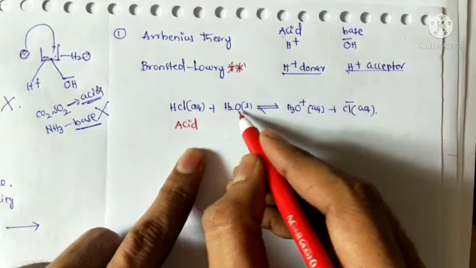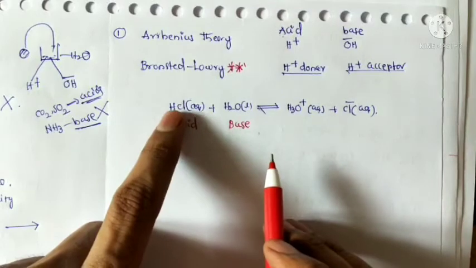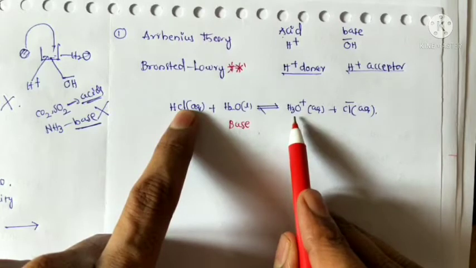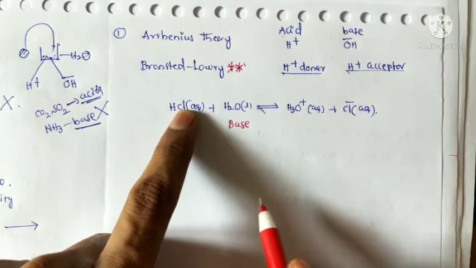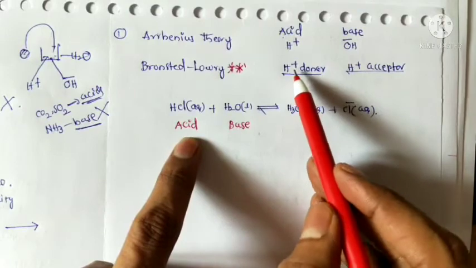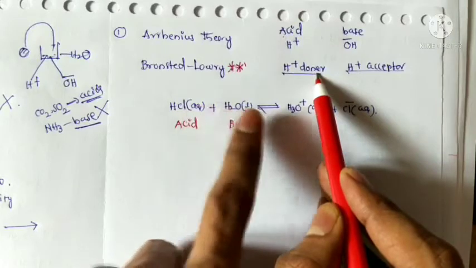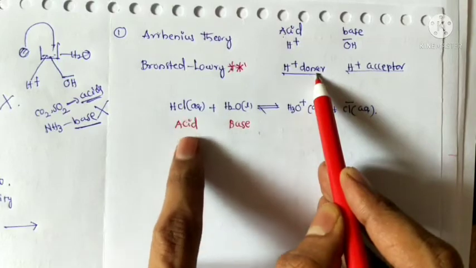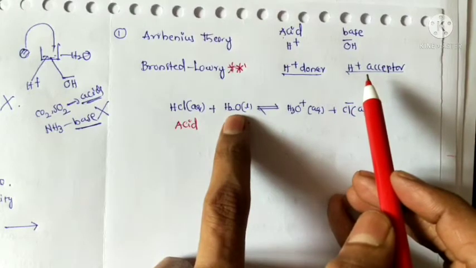Here water acts as a base, because HCl, hydrochloric acid, can donate H plus ions to water. That's why it acts as an acid, as per our theory: an H plus ion donor. And water is the H plus ion acceptor.